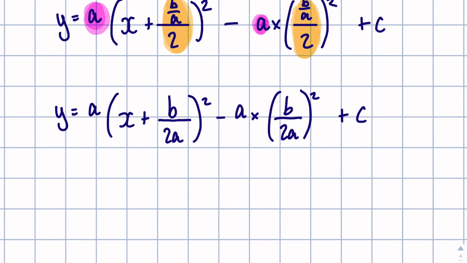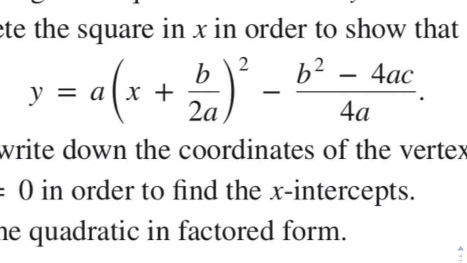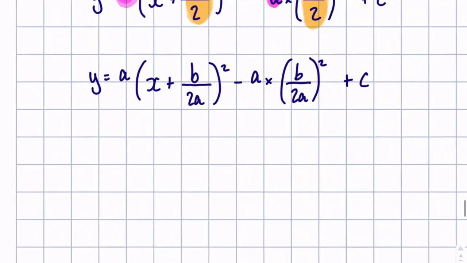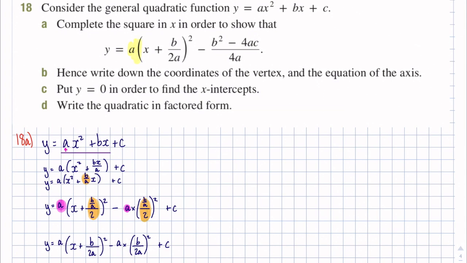I'm going to expand the squared on the right hand side because I know what I'm aiming for. On the left hand side I'm there already. That and that, they're looking pretty good. I'm giving that a big tick.